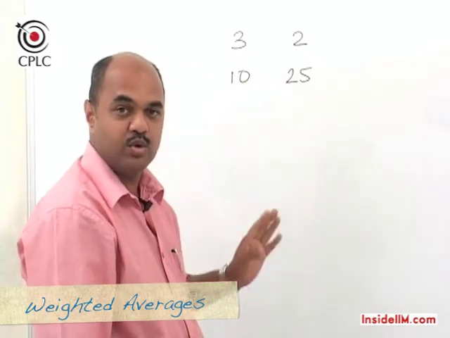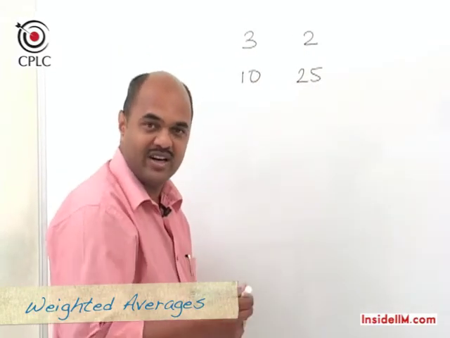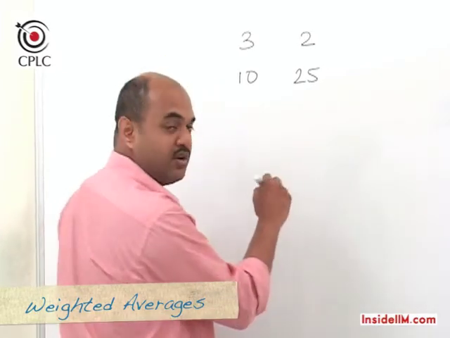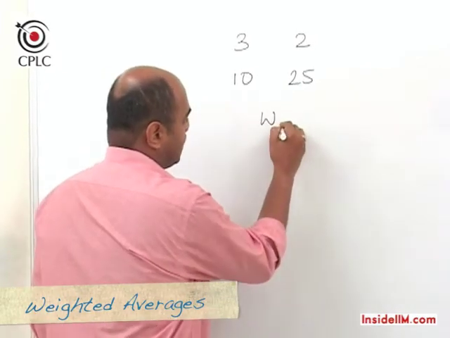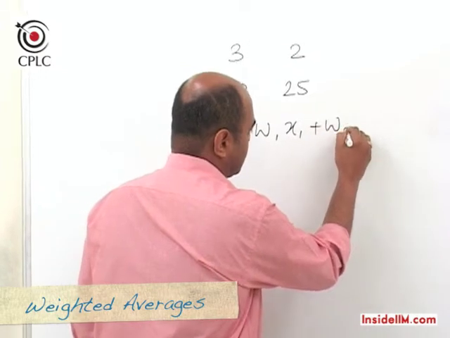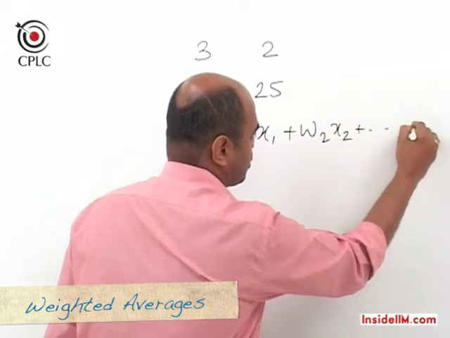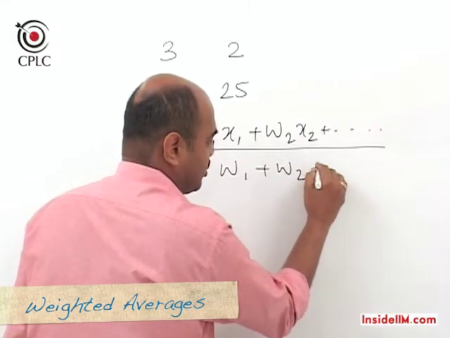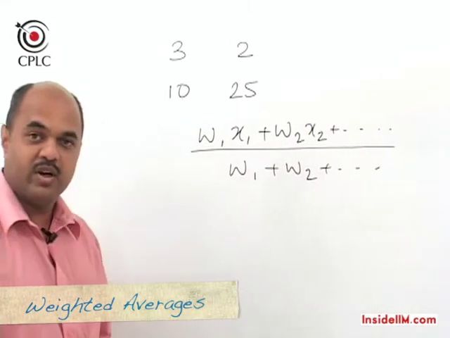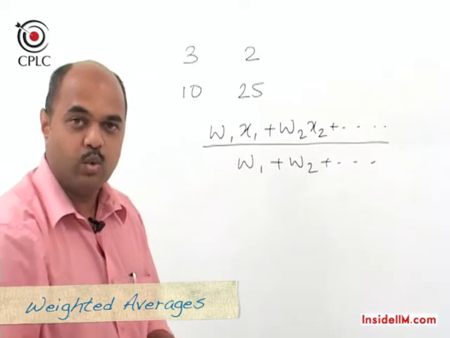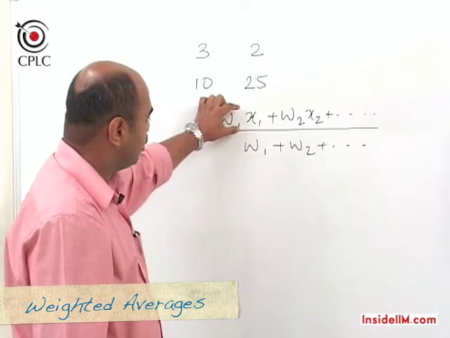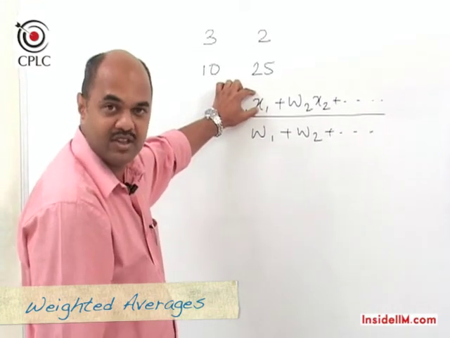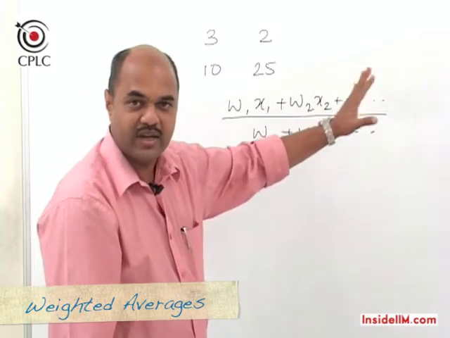And hence we use this concept of weighted average, where a general formula would be W1x1 plus W2x2 and so on divided by W1 plus W2 and so on. W1, W2 indicate the weights assigned to the individual averages, which are x1, x2 and so on.